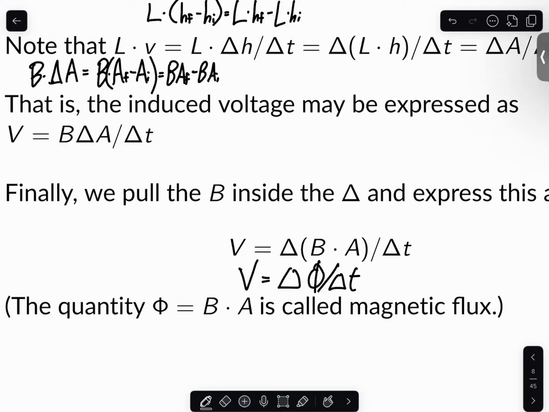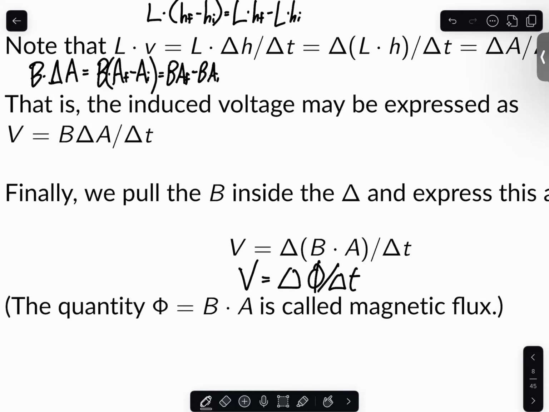Question, Harsh? So, the second last format, how did we put B inside the change? Change is just final minus initial. Yeah. Final minus initial times B is B final minus B initial, yeah?